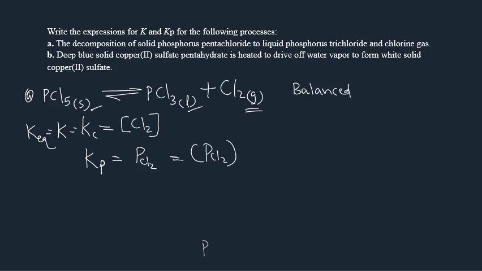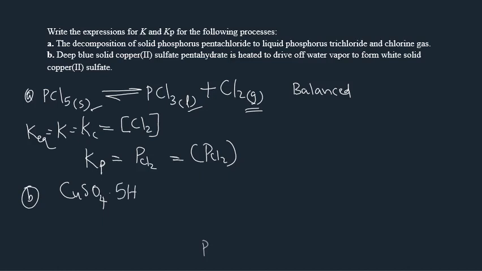Okay, and now the second one: deep blue solid copper(II) sulfate pentahydrate is heated to drive off water vapor to form white solid copper(II) sulfate. So we will have copper sulfate pentahydrate. This is copper sulfate, put a dot to show the pentahydrate.